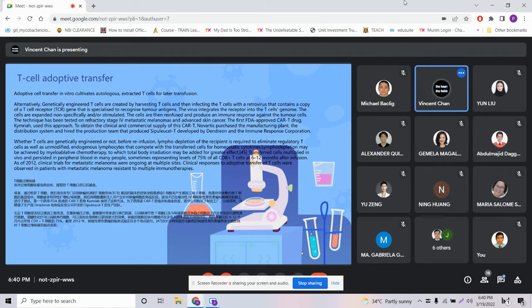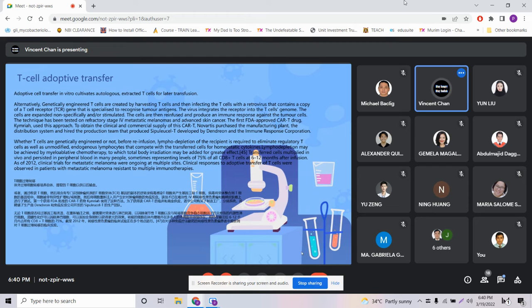As of 2012, clinical trials for metastatic melanoma were ongoing at multiple sites. Clinical responses to adoptive transfer of T-cells were observed in patients with metastatic melanoma resistant to multiple immunotherapies.